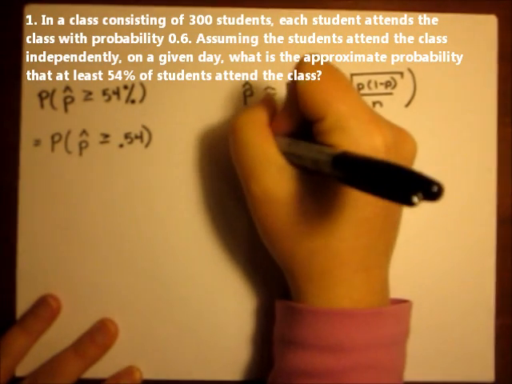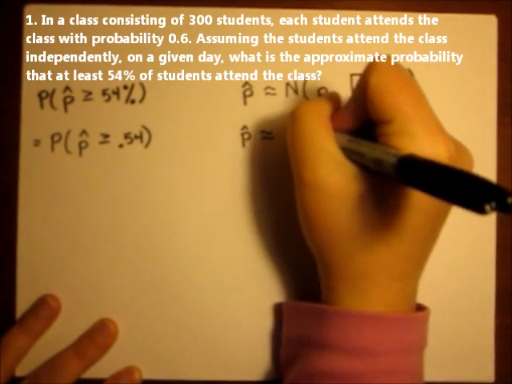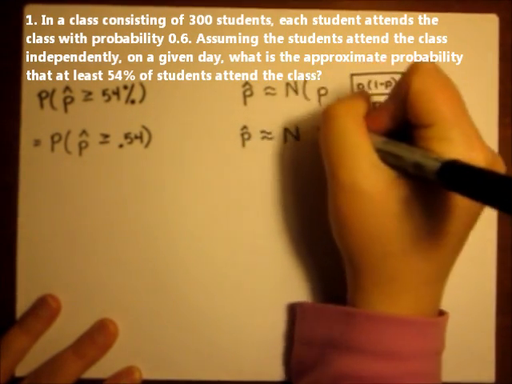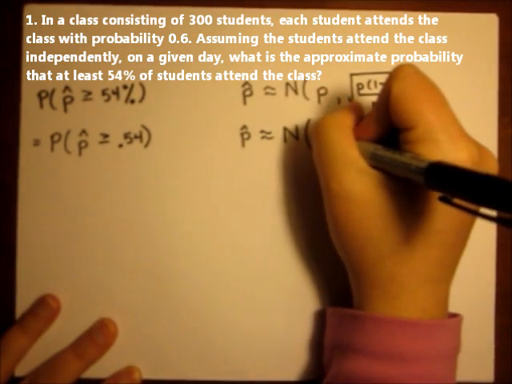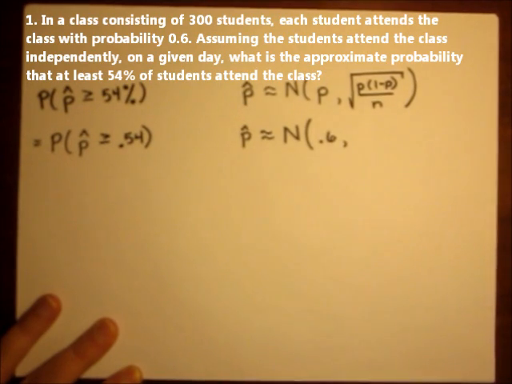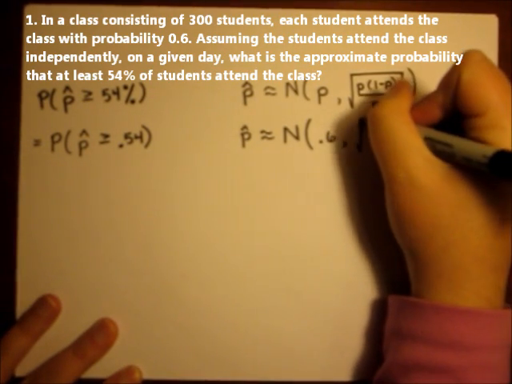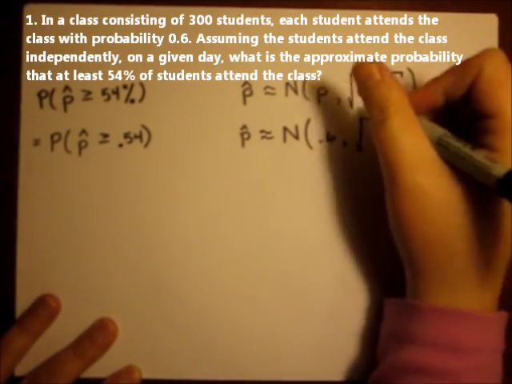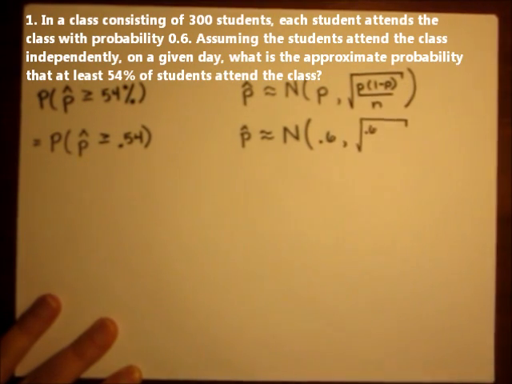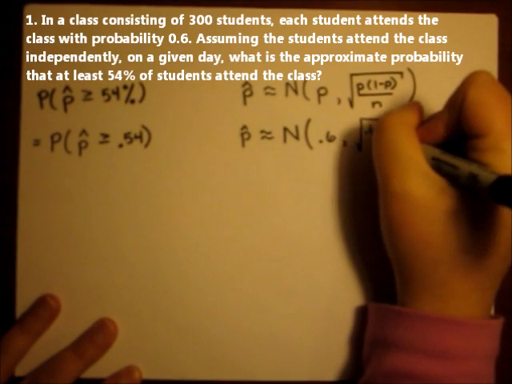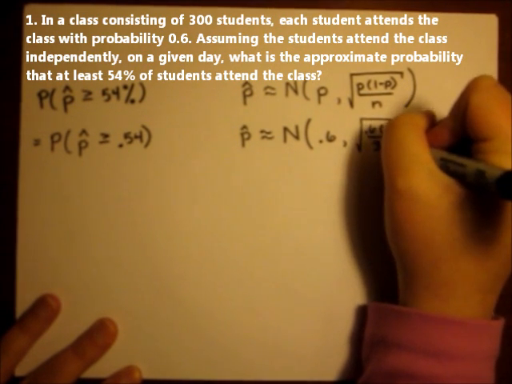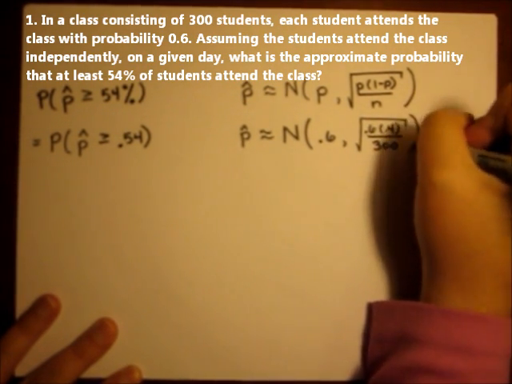So for this problem, the proportion of students who show up to class on a given day is normal, and it has mean of 0.6, or 60%, and standard deviation the square root of 0.6 times 1 minus 0.6, which is 0.4, over the number of students in the class, so divided by 300.